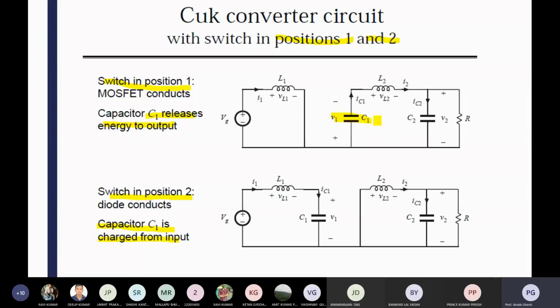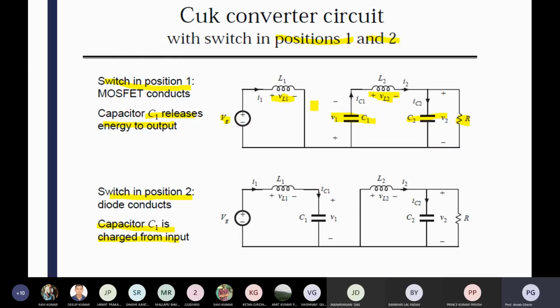That charge is used for the next instant of position 1. The charged capacitor will be discharged through this part, meaning your load side capacitor and load side resistance. In mode 1 you can see that the capacitor is discharging. That means the C1 capacitor is like a source, and it will be charging C2 as well as discharging through this part, and that energy is transferred to VL2. In the first case, the energy from Vg is transferred to VL1.